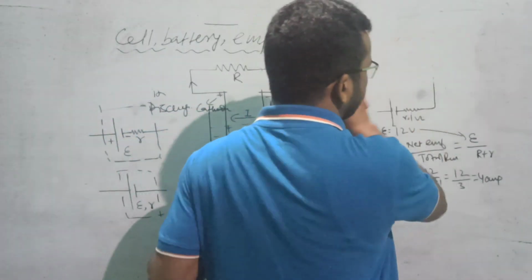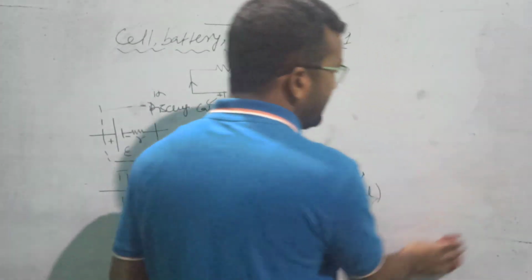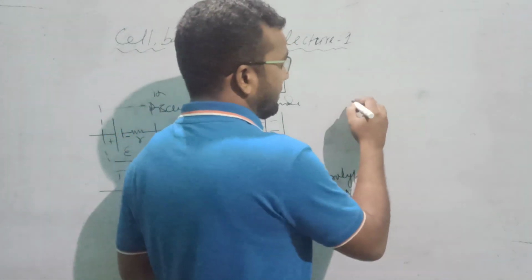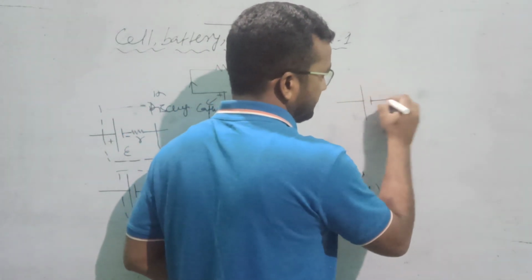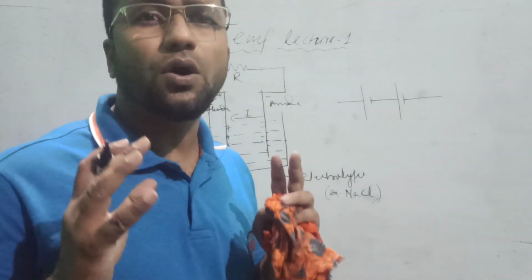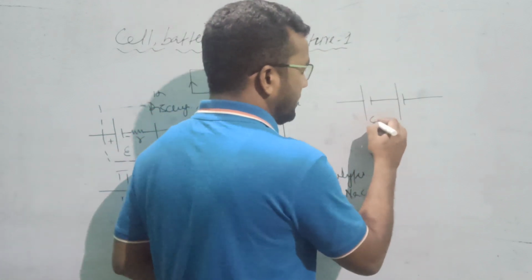Also, we have some more points regarding the cell. When cells are combined like this, it is known as in same order. It is known as E1.